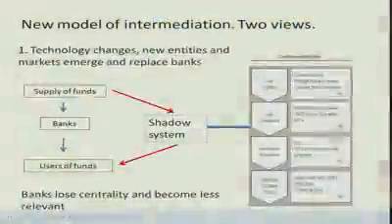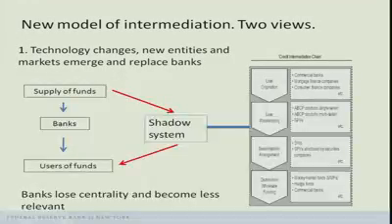And so the point here is that as the technology of intermediation develops this way, new markets and activities emerge, and new entities also emerge to cater to specific intermediation needs at each and every step of this elongated credit intermediation chain. And so one view of the world is that essentially, intermediation moves in the shadow.